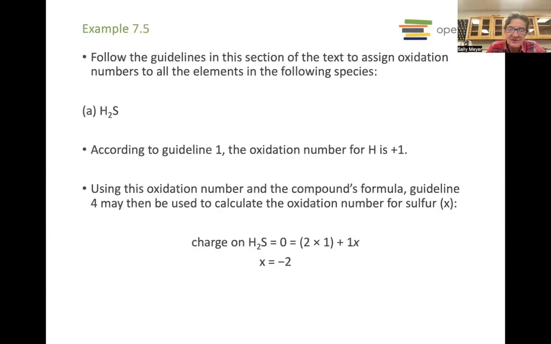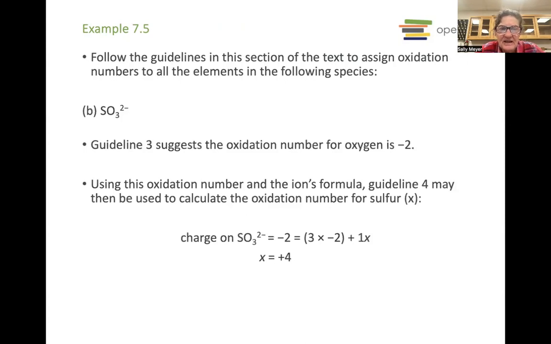That means sulfur has to be -2, because 2 times +1 for those 2 hydrogen atoms has to add up with sulfur's oxidation number to give you 0. The oxidation number is essentially a theoretical charge. H2S is a covalently bonded molecule, but it's a hypothetical charge that would be on each of those elements if it was ionic.